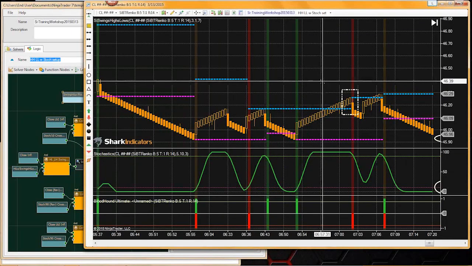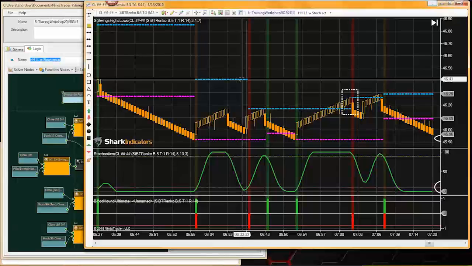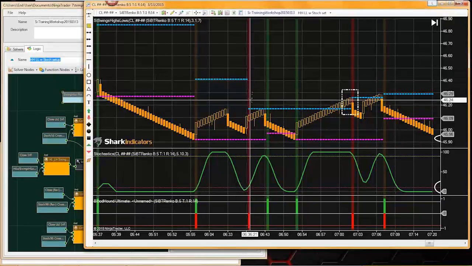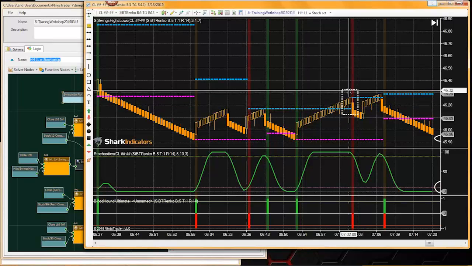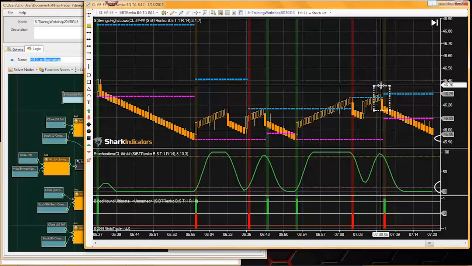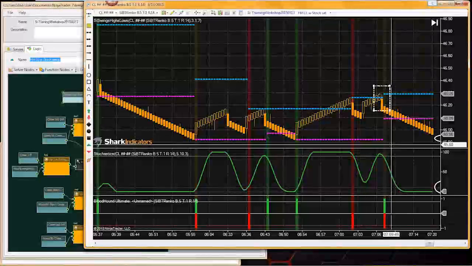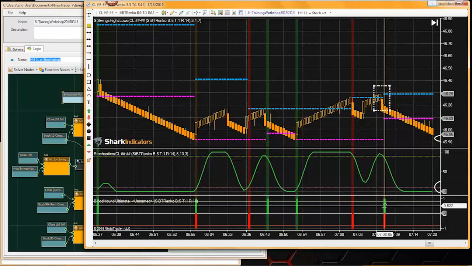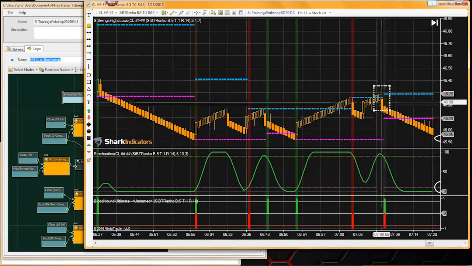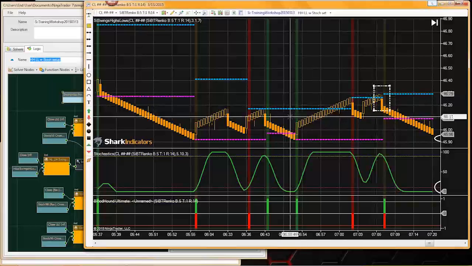Yep. So now we can see whenever the swing high, or the blue line, shifts down, I get a signal, and then over here if it shifts up, I get a signal. It shifted up, and I got a short signal there, and it just so happens that our swing low shifted up at the same time, so actually I got a long and a short out, since both shifted at the same time.